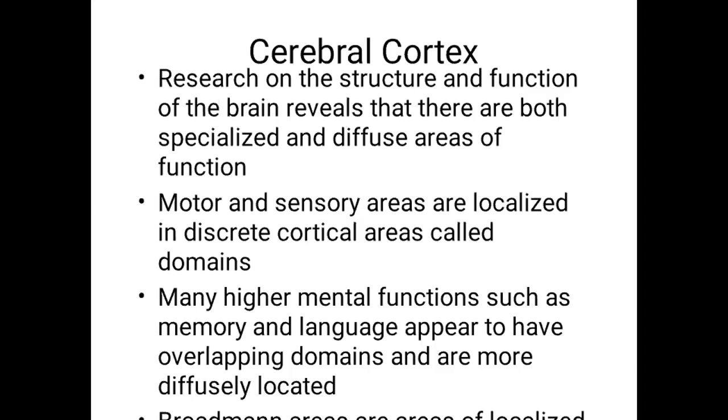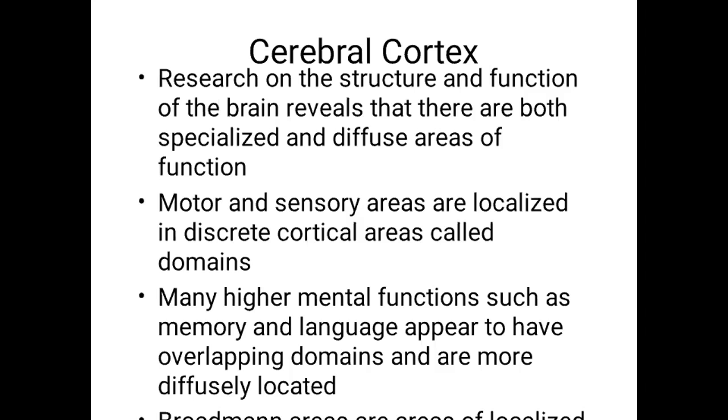The motor and sensory areas are localized in discrete cortical areas called domains. Not only voluntary movement control, even some higher mental functions such as learning and memory are also controlled by this cerebral cortex.